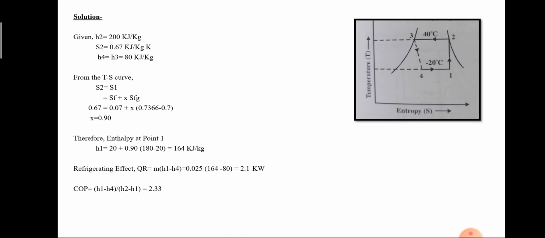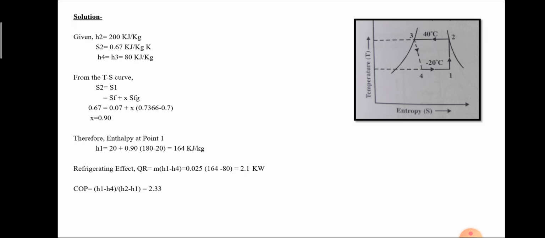H1 minus H4 is your desired effect for process 4 to 1, and H2 minus H1 is your work input, because in the Fischer cycle our work input is the compression process. If you put in all the values, you will get a COP of 2.33.